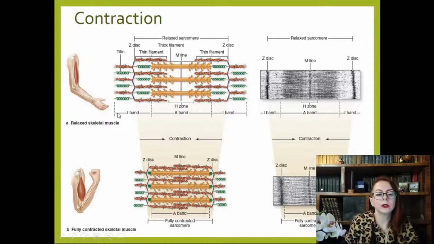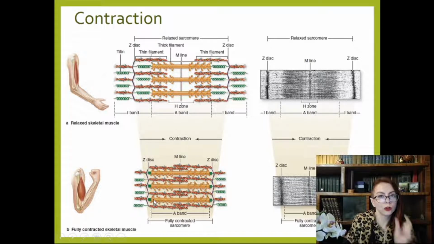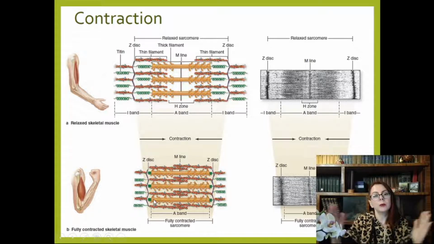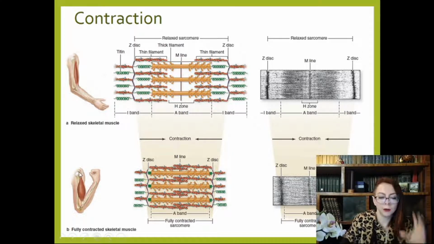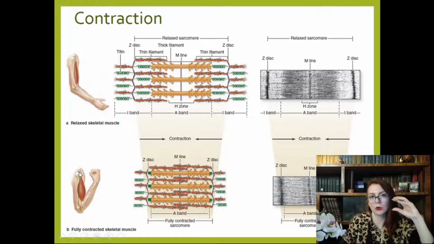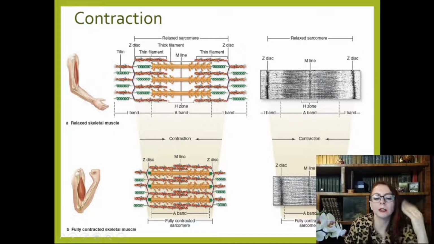As a result, you can compare the length of this sarcomere with the length of this one. Of course, this length is shorter. So myofibril decreases its length along with the process of contraction, and the muscle as an organ becomes shorter, of course. So how is it reflected in its appearance?